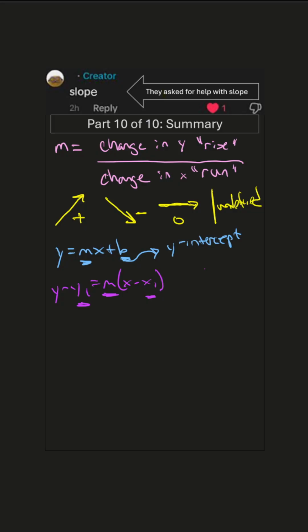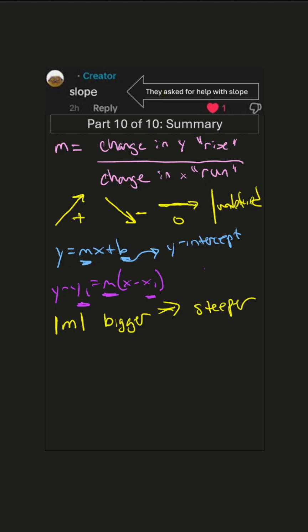And then how about steepness? So if we want to see how steep a line is, we look at the absolute value of the slope. That means we don't care if it's positive or negative, we just look at the absolute value. And if that is bigger, that means the line is steeper. Okay. What else? Let's look at some geometry.